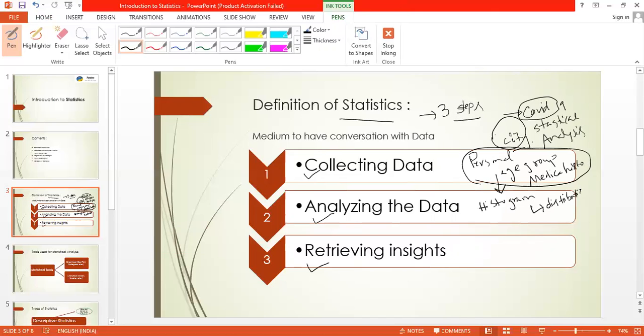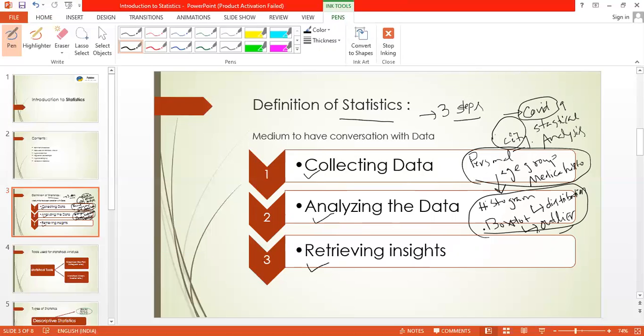We'll see what this distribution means in detail, and we are going to implement all these things either in Python or in R. Another tool is the box plot, which is used to detect outliers in data. These are the different types of analyzing tools we are using in statistics to analyze the data.